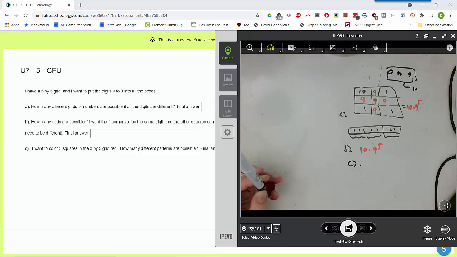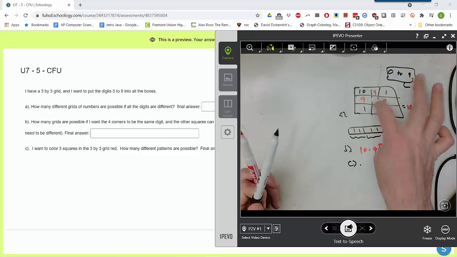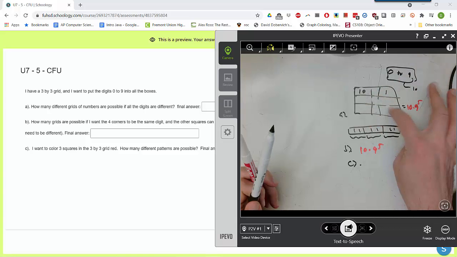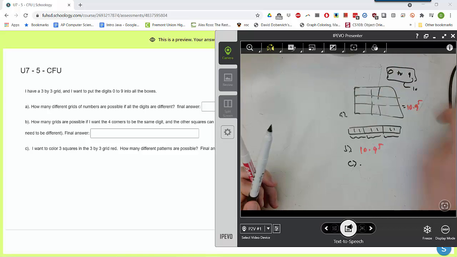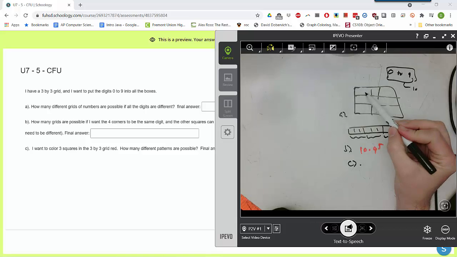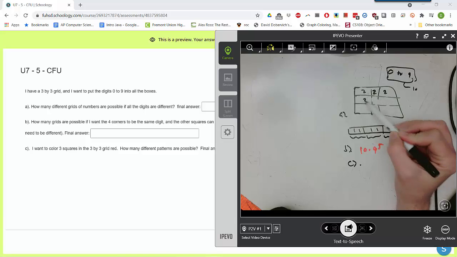And then for C, it says I want to color 3 squares in the 3x3 grid red. How many different patterns are possible? What's tricky about this one is if you start approaching it by saying this one could be red or not red, that's 2 choices, and this one could be red or not red, that's 2 choices, 2 choices, 2 choices.